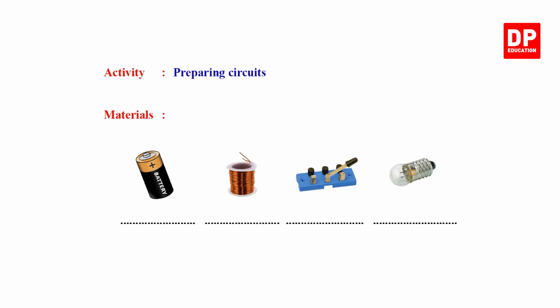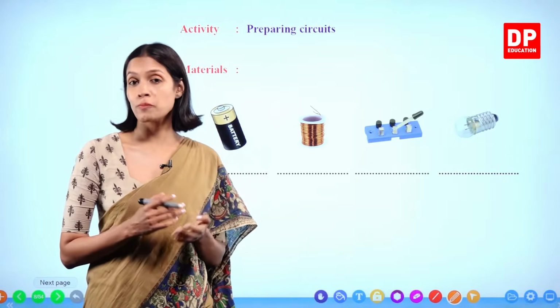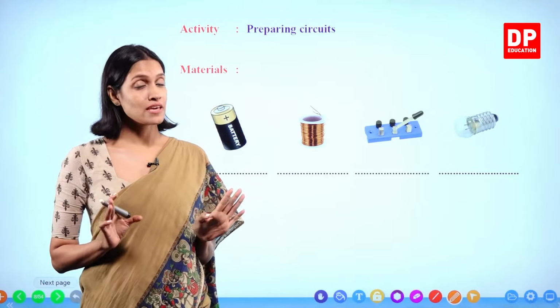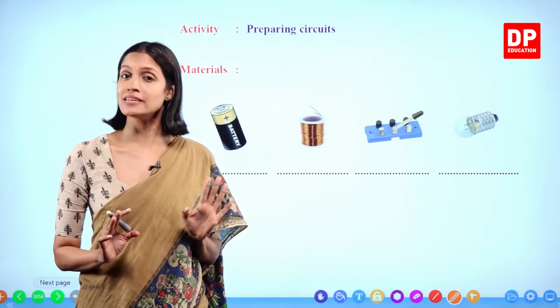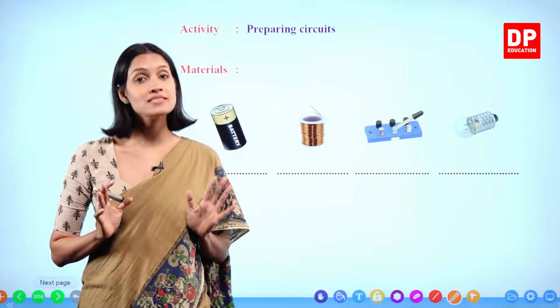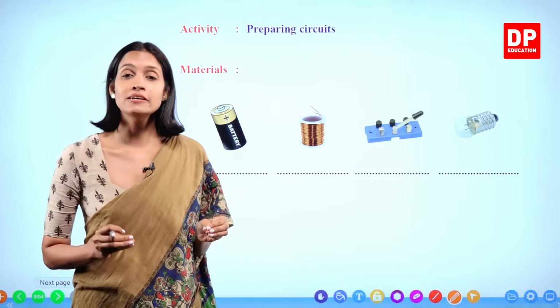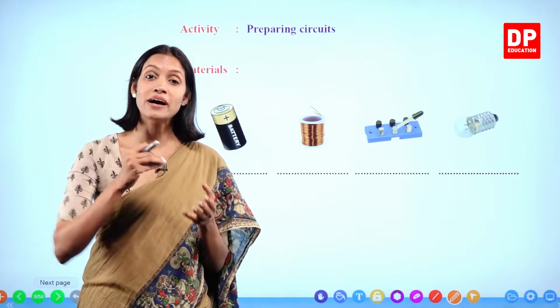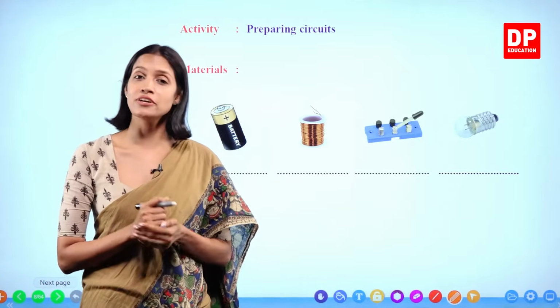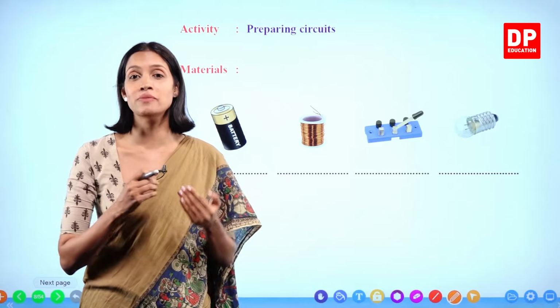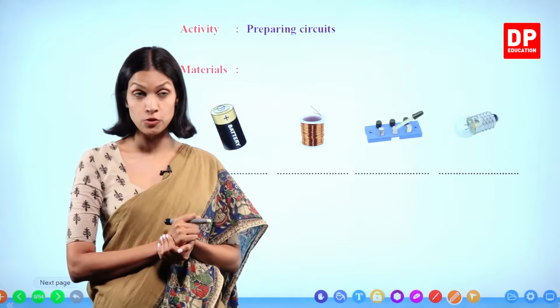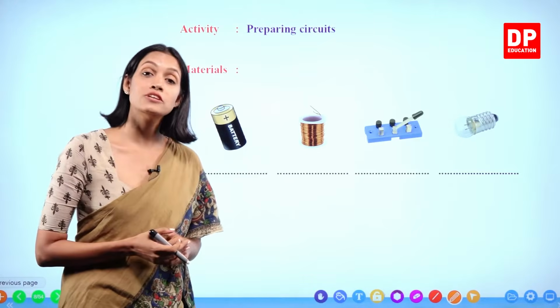Okay, we have an activity to do, preparing circuits. Now we know how to prepare basic circuits, and at the same time we learn how to draw circuit diagrams using circuit symbols, okay? So in this activity we are going to learn how to connect bulbs in different ways. We are going to learn that we can connect bulbs to a circuit in 2 different ways, okay? So what are the things we need to do this activity?